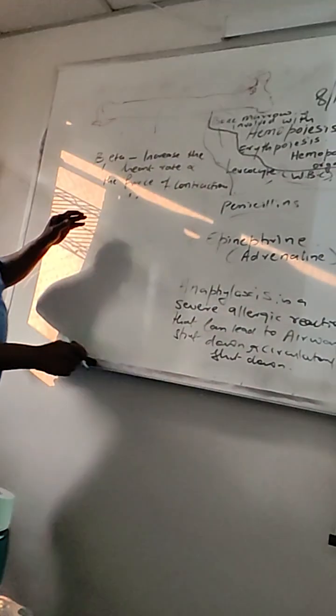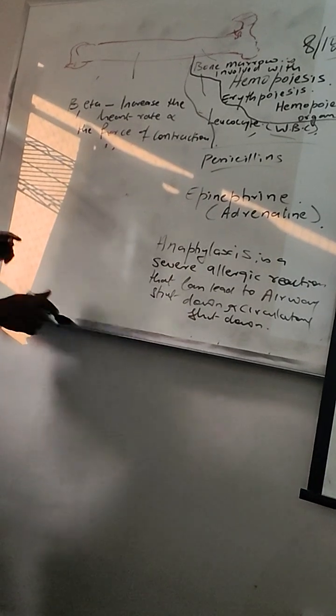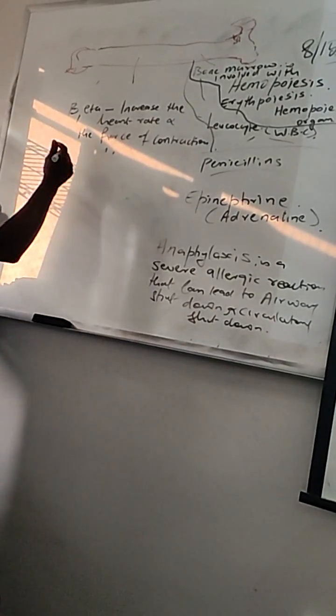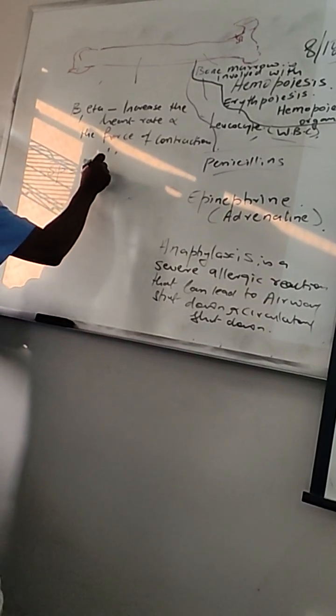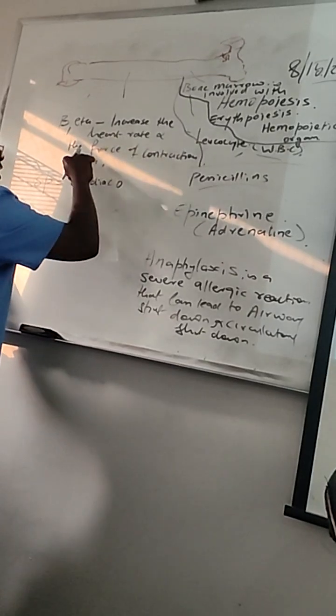Okay? Maybe let me quickly explain blood pressure for you. Blood pressure itself, BP, is a product of cardiac output, CO, times peripheral resistance. So the increase in this will increase the blood pressure.